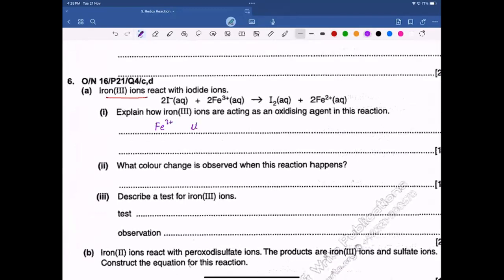Fe3+ itself undergoes reduction by gaining electron. Is this clear?